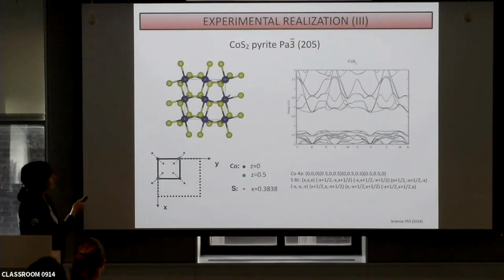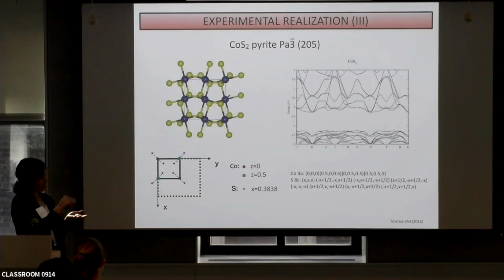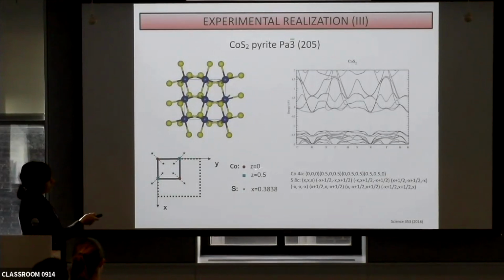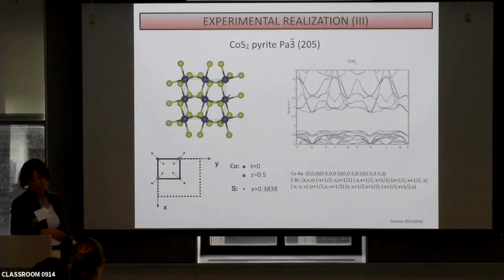This is the crystal structure of our compound. This is the unit cell from the XY plane. So the cobalt atoms are at the corners, and the sulfide atoms are attached to the cobalts by a non-local parameter x. So this is what is reproduced for z equals 0 and z equals 1/2.